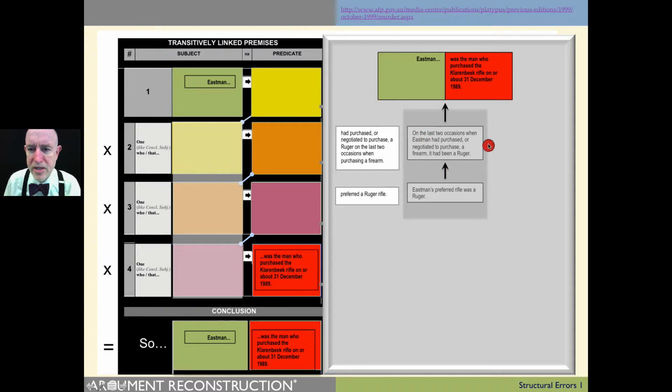So we take the meaning from this first sentence and we change it to had purchased or negotiated to purchase a Ruger on the last two occasions when purchasing a firearm. And here we do the same thing. Eastman's preferred rifle was a Ruger. We look for the predicate that involves Eastman, and here we have it, preferred a Ruger rifle.